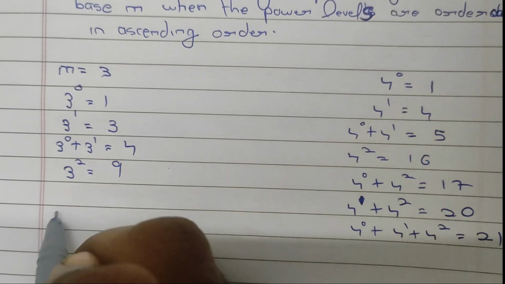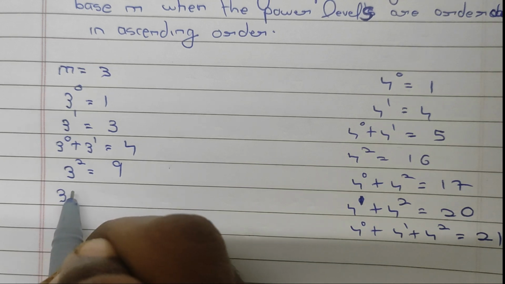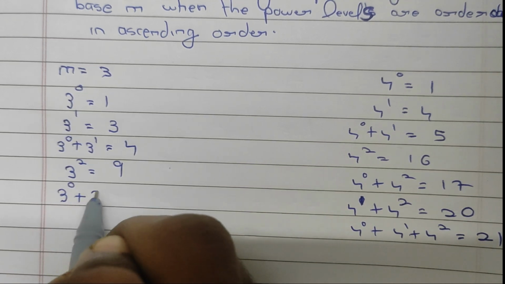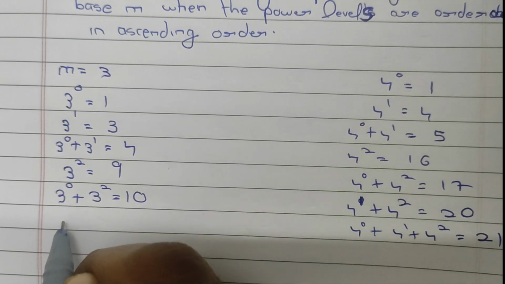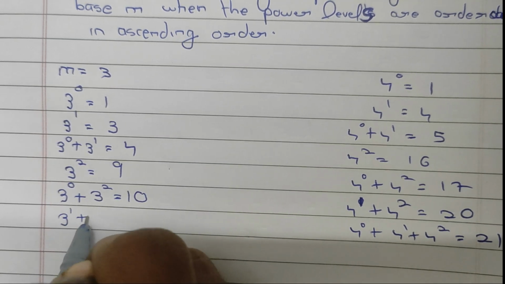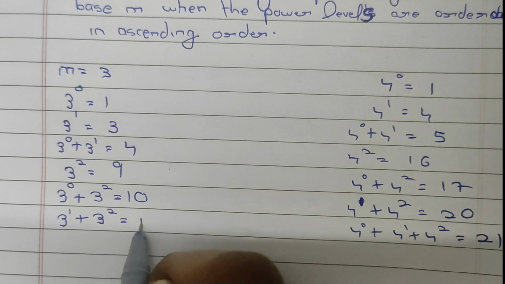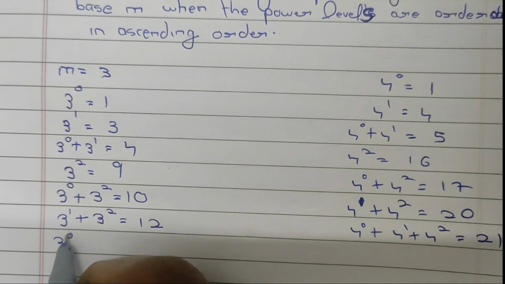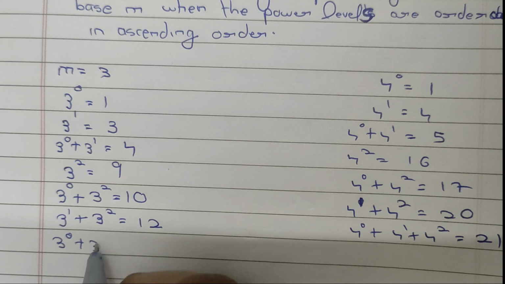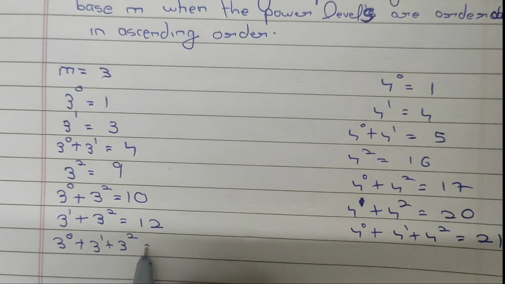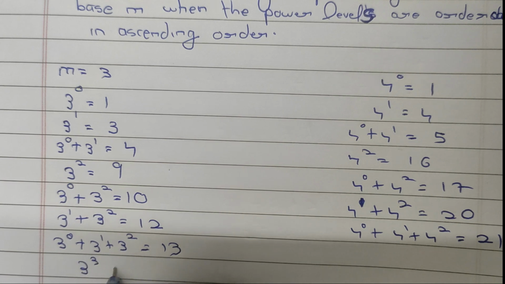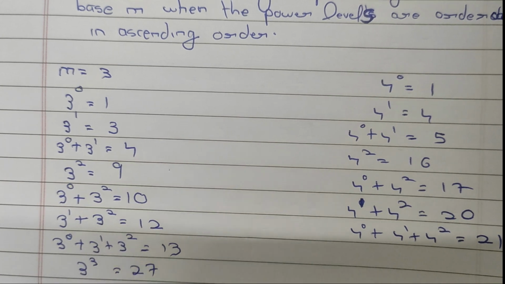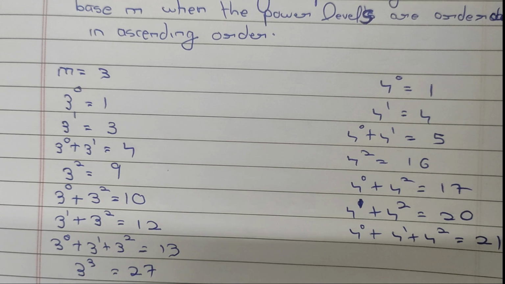The next is 3 raised to 0 plus 3 raised to 2, which is equal to 10. The next is 3 raised to 1 plus 3 raised to 2, which is equal to 12. The next is 3 raised to 0 plus 3 raised to 1 plus 3 raised to 2, which is equal to 13. The next is 3 raised to 3, which is equal to 27, and it will go on till infinity.